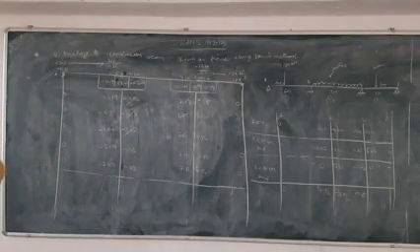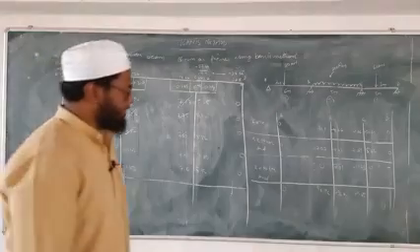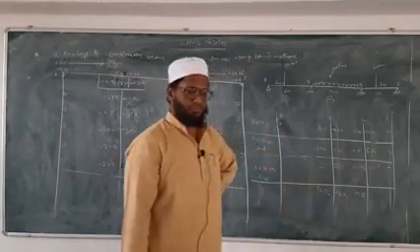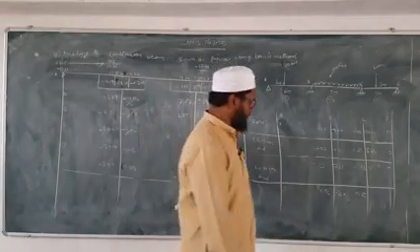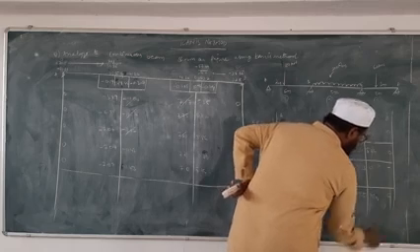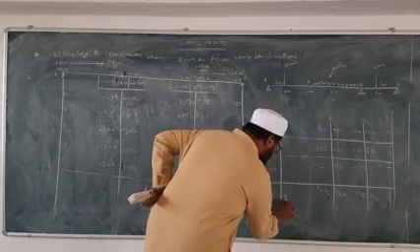Next, minus 45.92. This is 0. So this is the final moment MAB.